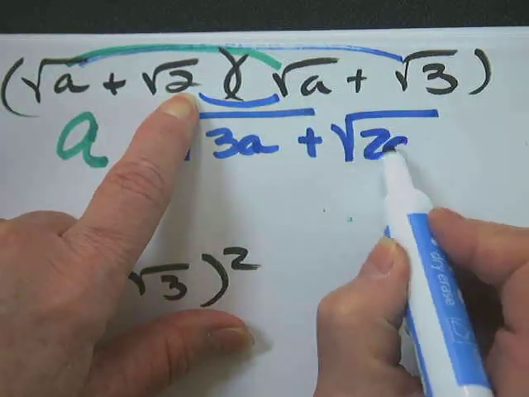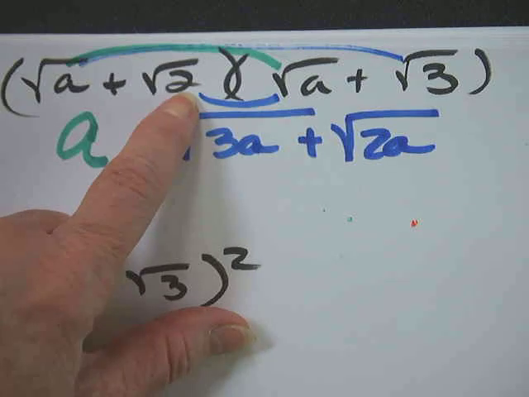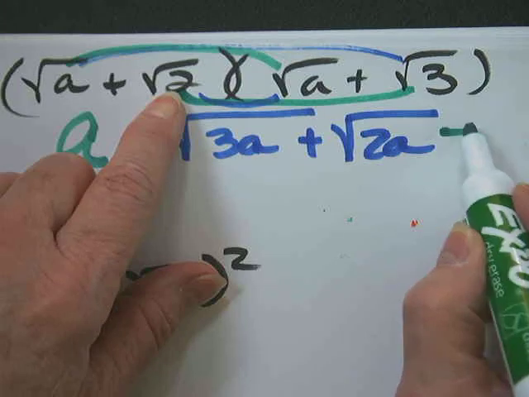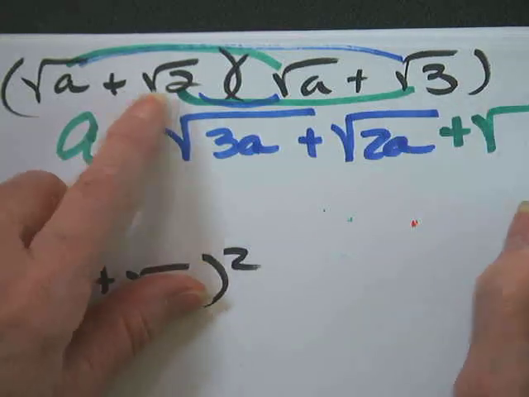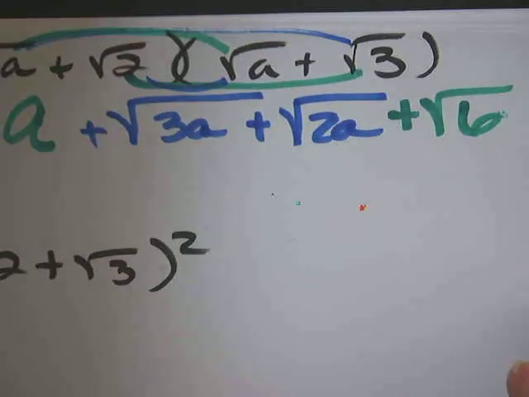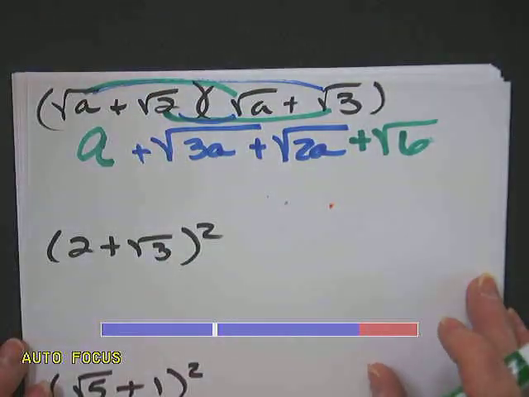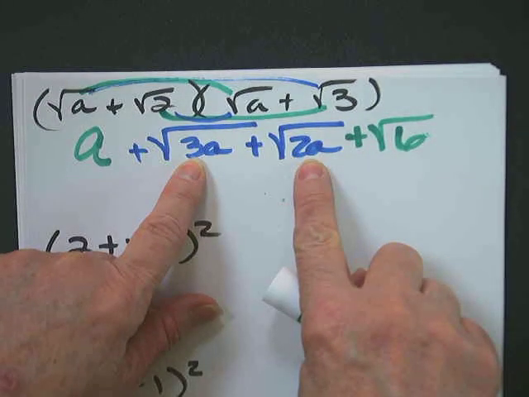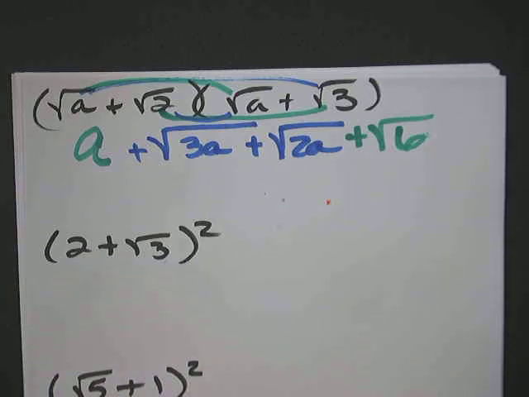That's not a difference of squares, so we have to do the full FOIL. Square root of A times square root of A is A. Okay, what's outside, inside? The outside, square root of 3 times square root of A. Remember, when we did the cube roots, we put the root there, and then we multiplied what's under there.